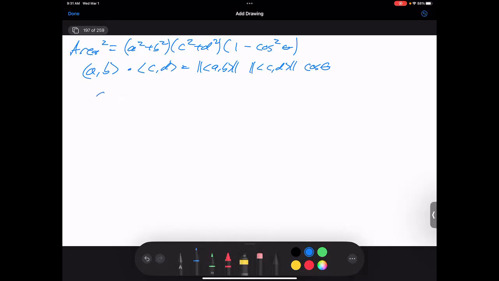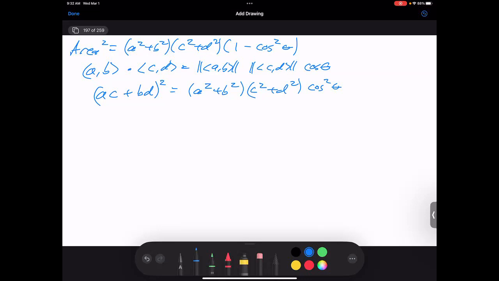So AC plus BD squared is A squared plus B squared, C squared plus D squared, cosine squared theta. Right? I've just squared both sides.